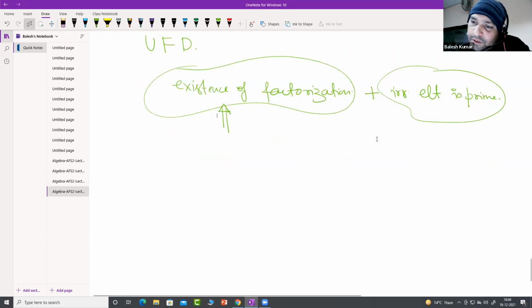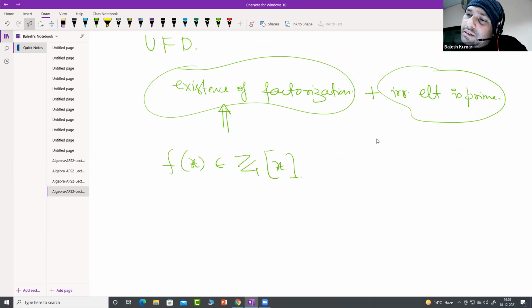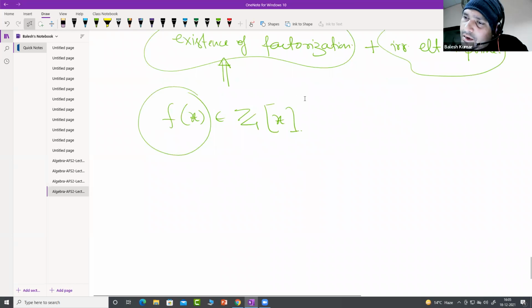Suppose you have a polynomial f with integer coefficients, and we would like to say that the existence of factorization holds inside Z[x].